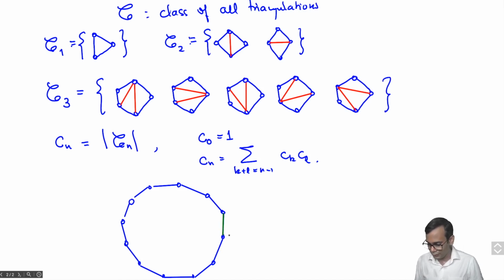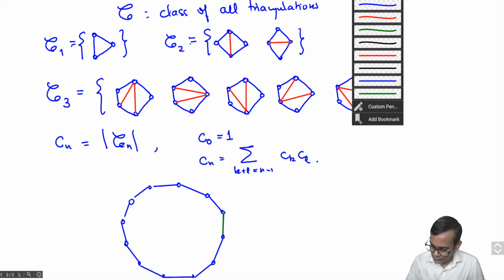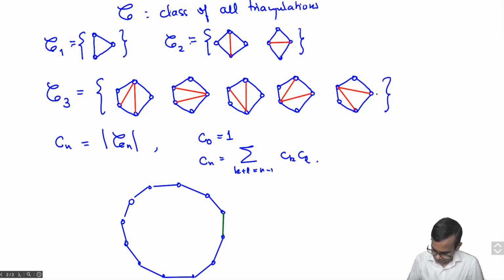So that's my distinguished edge, and this edge must be part of some triangle. Let's say it's this one.